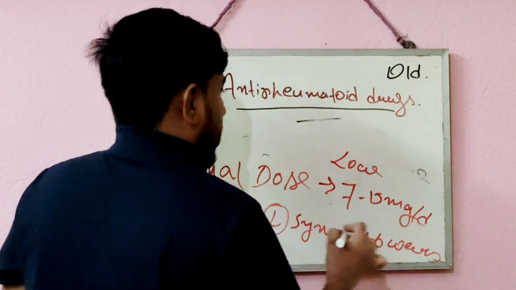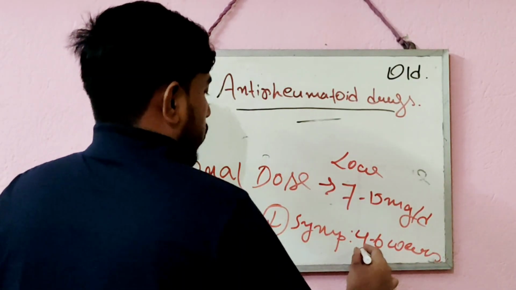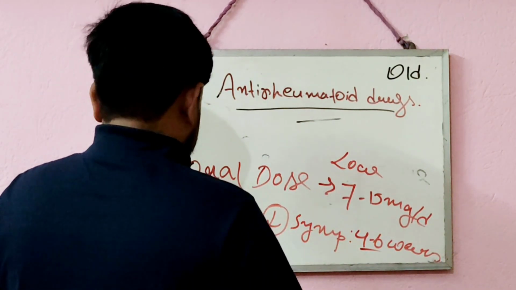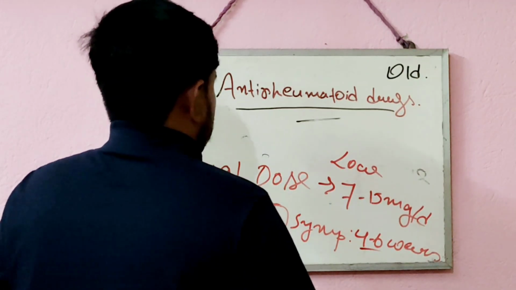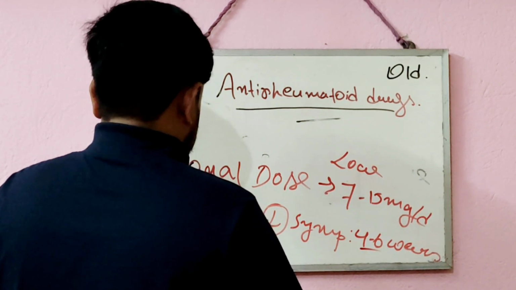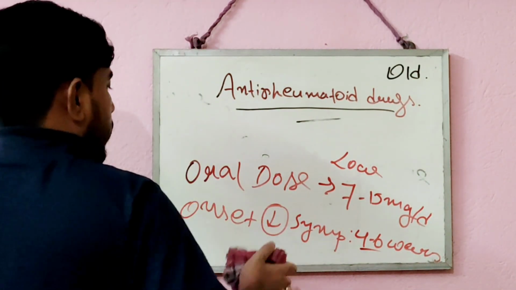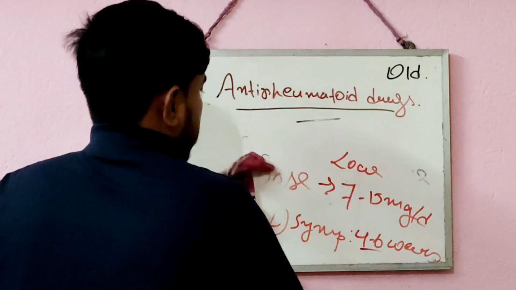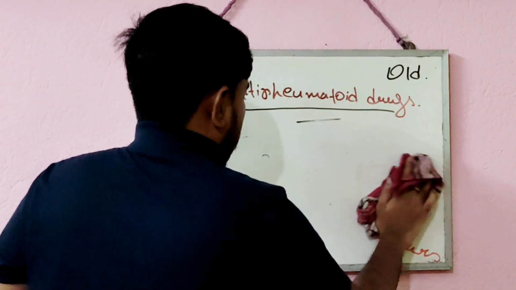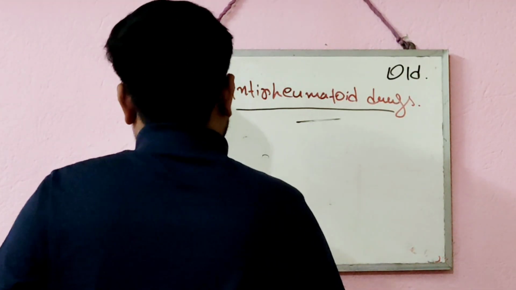That means if you take methotrexate 7 to 15 mg per day, within 4 to 6 weeks the symptoms of arthritis, like pain or inflammation in the joints, will reduce gradually in those suffering from arthritis or gout. Gout I am going to discuss next.